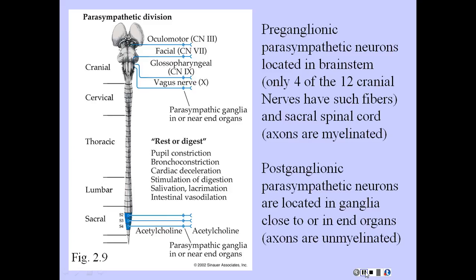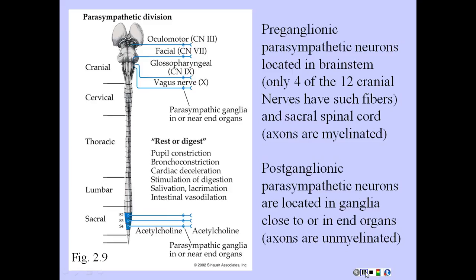So the hard and fast rule between these 2 nervous systems is the fact that the pre-ganglionic neuron is found somewhere in the central nervous system. Somewhere in the brain or spinal cord, you find the pre-ganglionic neuron. And somewhere out there peripherally, you find the post-ganglionic neuron. 2 neurons in the chain, pre and post.